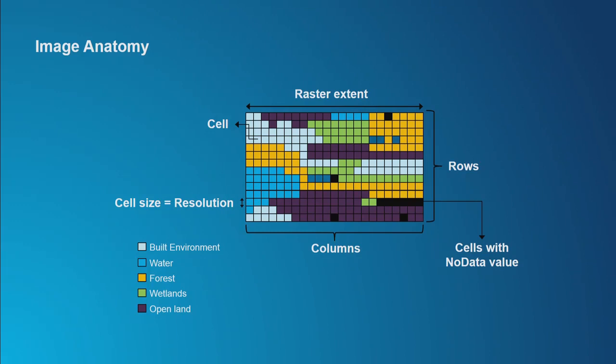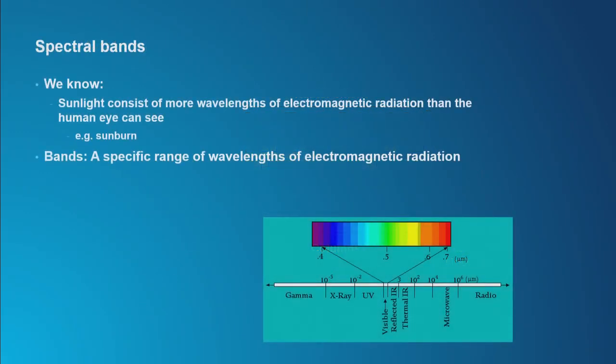Usually the lower left corner stores one single XY coordinate, which basically is the basis for the spatial reference of all other cells or pixels in that image. And this way, imagery, like any other GIS layer, is georeferenced and overlays with existing vector layers and raster layers as well.